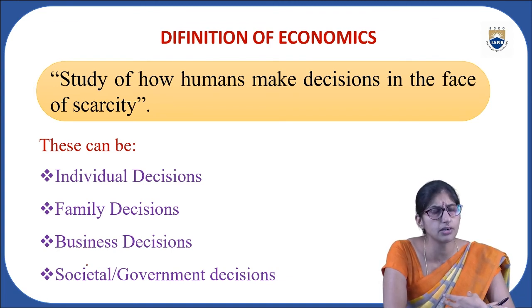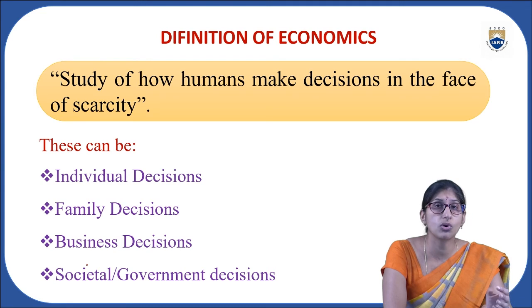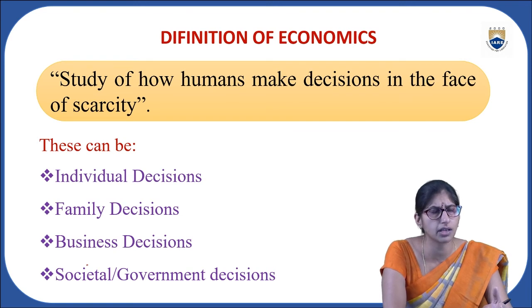You have unlimited wants, but you have only limited resources. You are earning only 10,000 rupees per month, but you say you want to have a bungalow. Is it possible? No, it is not at all possible.